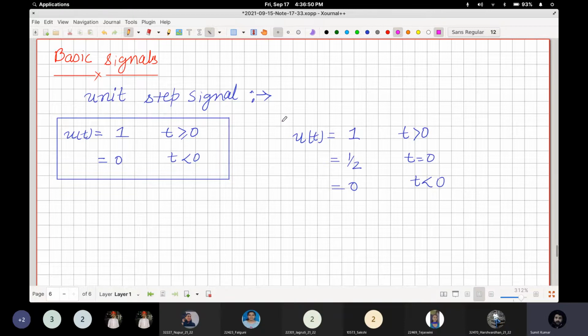Let me put this in a box as well. Now my question is, which one of them is correct and which one of them is incorrect?